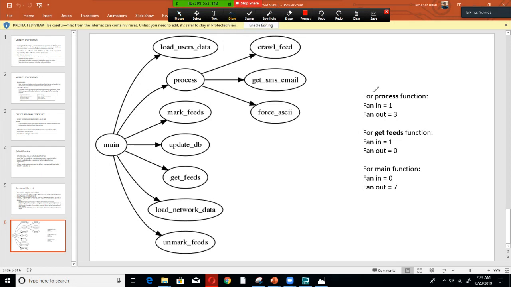Identify fan in and fan out for each of the activities or each of the functions.